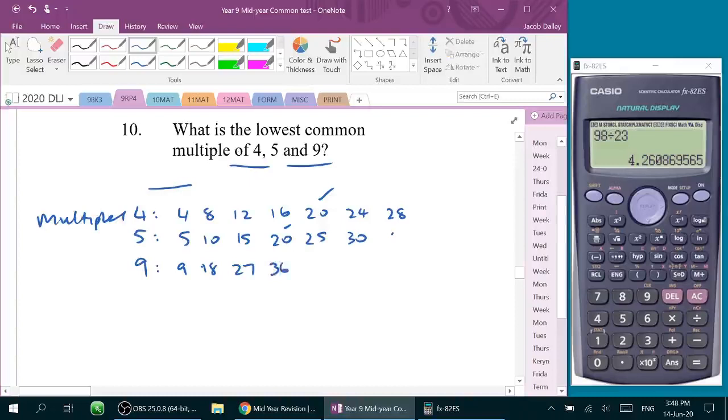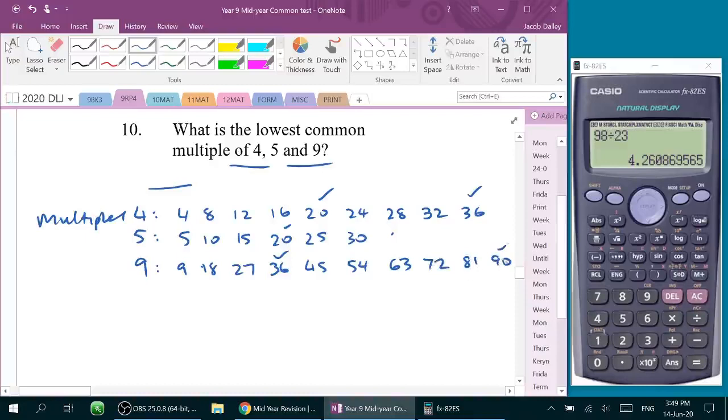So 36 will actually be a multiple of 4 eventually, so it's there and there, but it's not a multiple of 5, so that's not what we want just yet. 45, 54, 63, 72, 81, 90. Alright, we've got to 90.